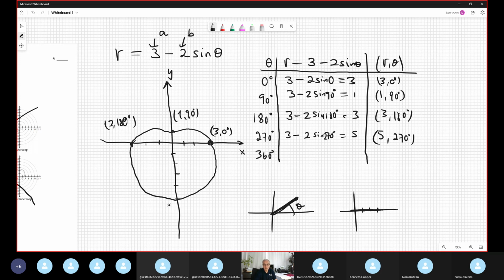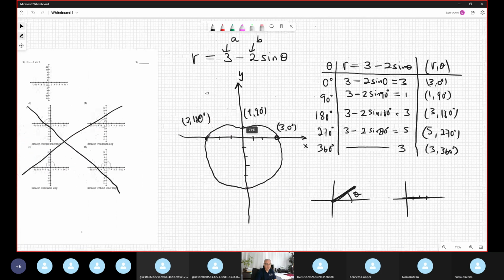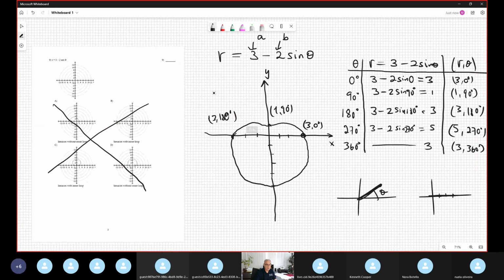And 360, now instead of plugging in, the answer is the same. So (3, 360), and we come back to the beginning. This figure is always a closed figure. Do you see this clearly? Yes, it's clear. I don't see any option to satisfy this condition.